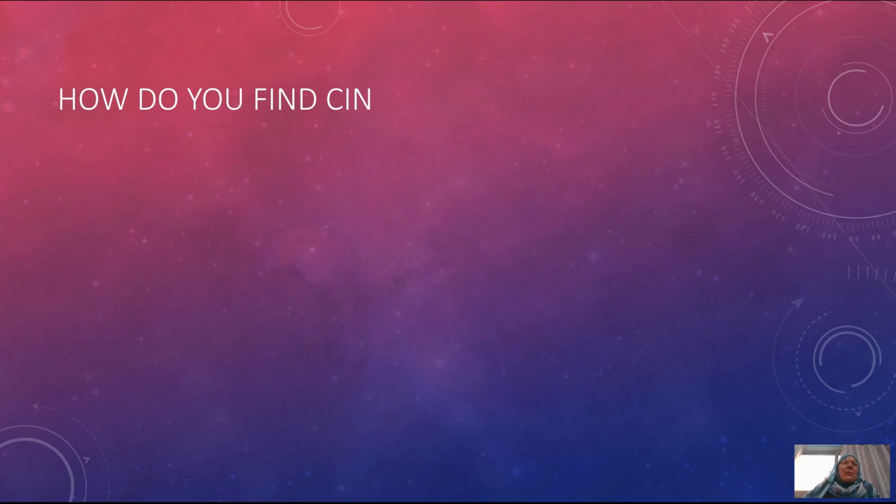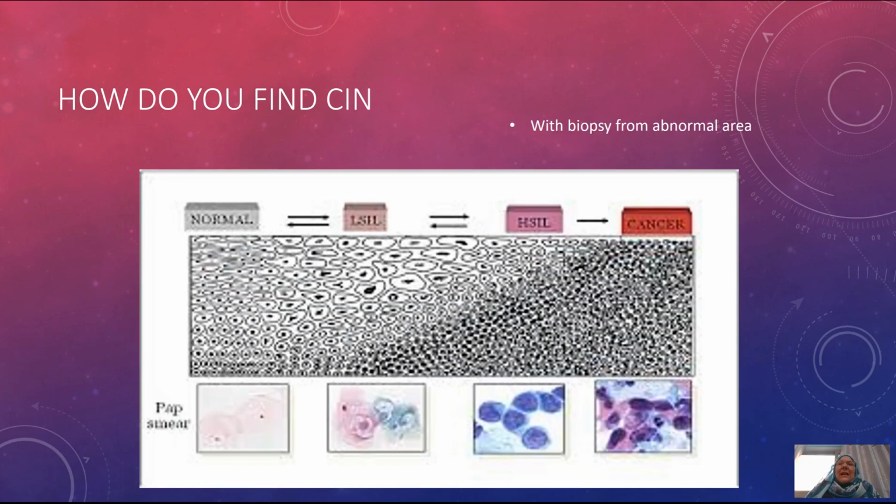So, but how do you find CIN? That's right, you have to do a test. I've already said that. And what you have to do is actually take a biopsy from an abnormal area, and you will find a picture depicted in this drawing.